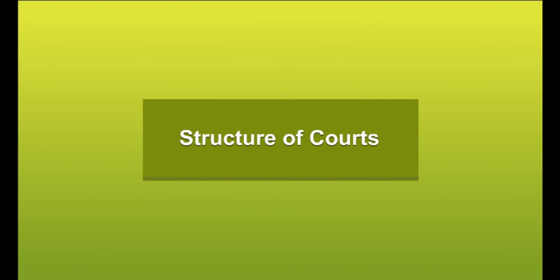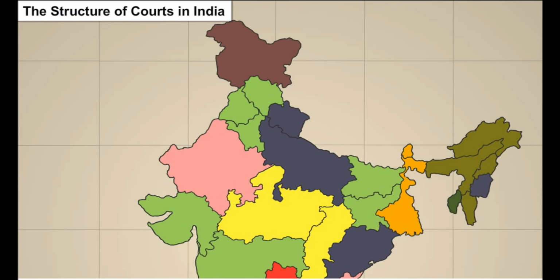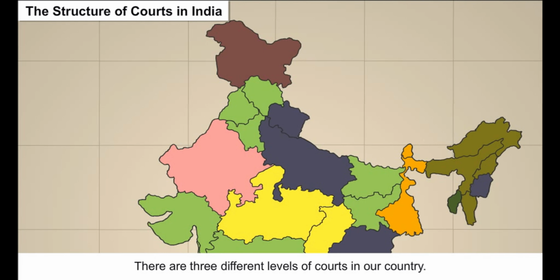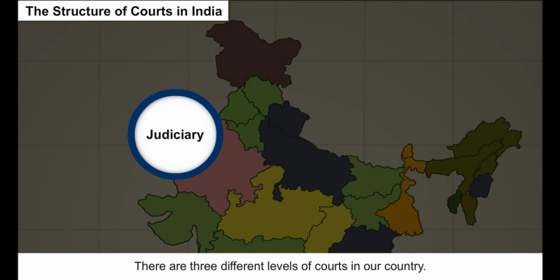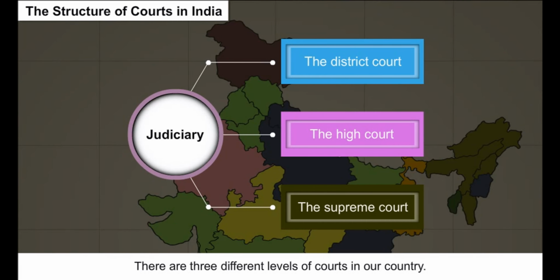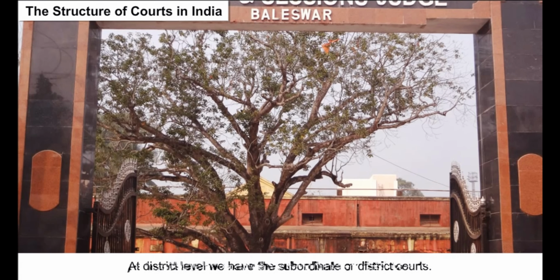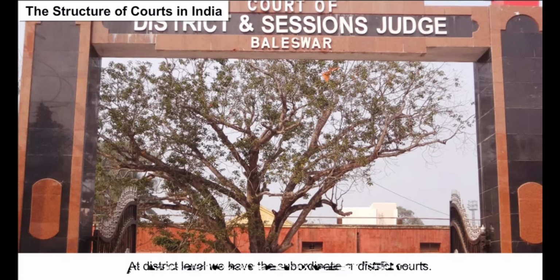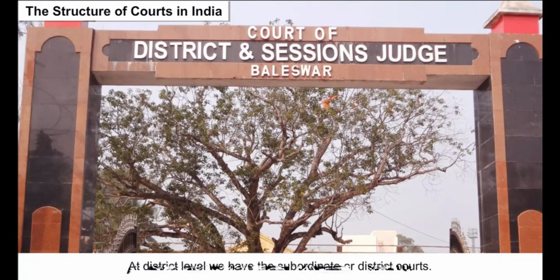Structure of courts. The structure of courts in India. There are 3 different levels of courts in our country: the District Court, the High Court, the Supreme Court. At district level, we have the subordinate or district courts.